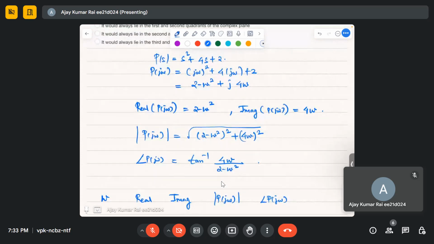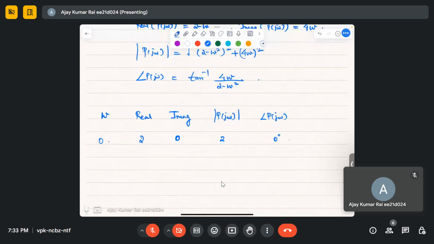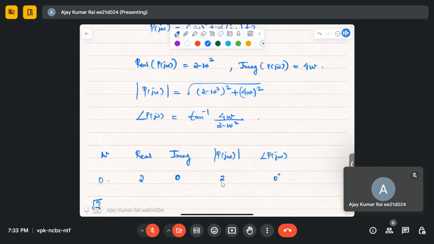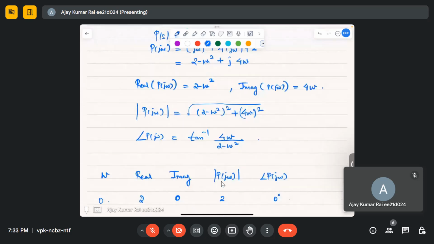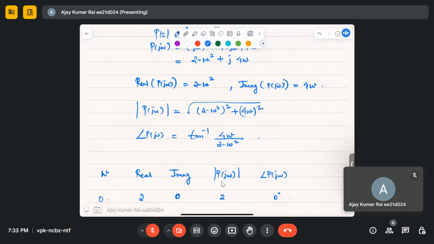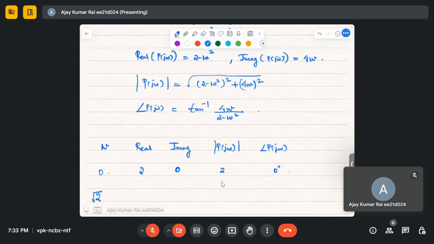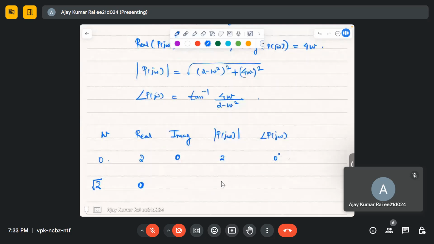Okay, so also let's find at root 2. Okay, omega equal to root 2, because the real part becomes 0 at that point. So what is the real part here? If I put omega equal to root 2, 2 minus root 2 square, so the real part becomes 0. And what is the imaginary part? 4 into root 2. The magnitude will be equal to 4 into root 2.